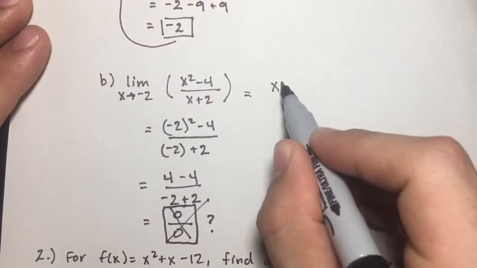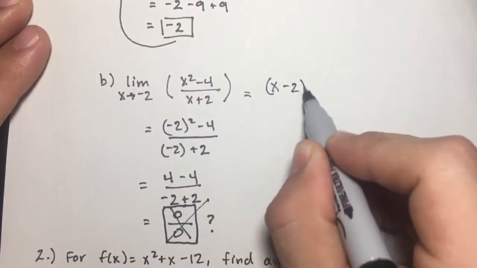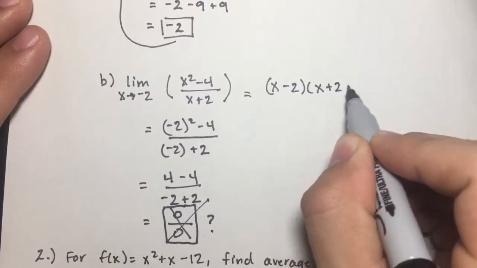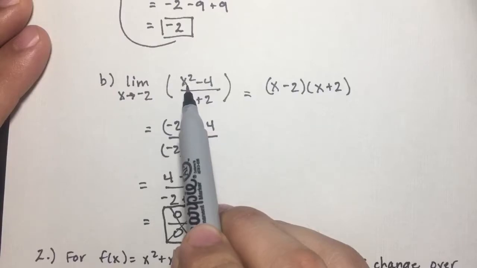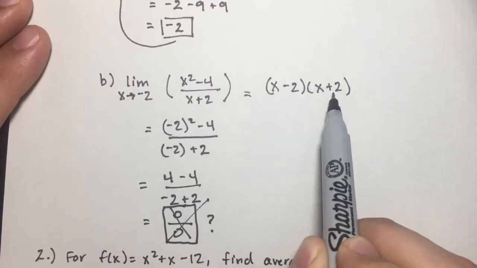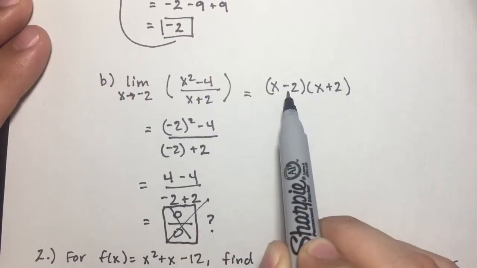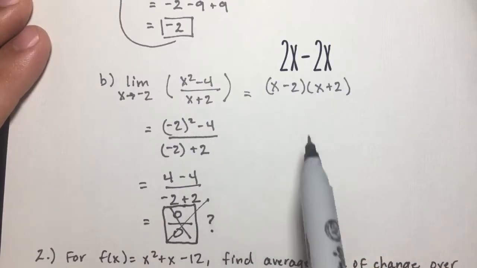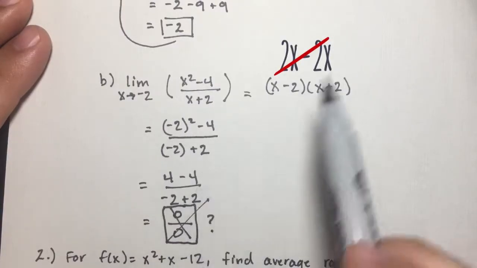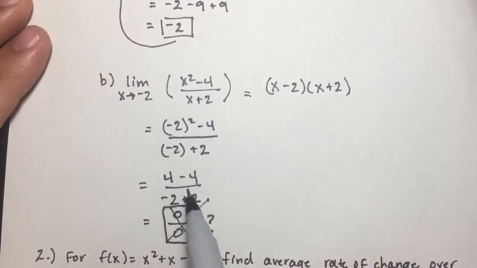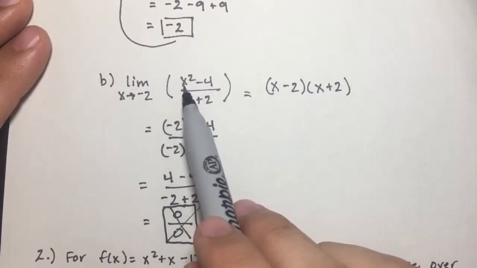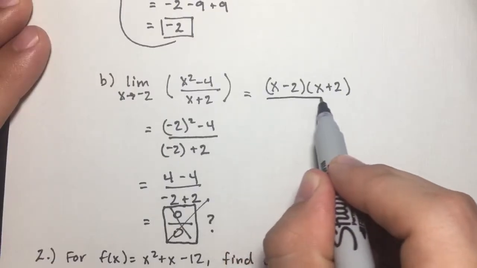And that would be x minus 2 and x plus 2. Because x times x is x squared. X times +2 is 2x. -2 times x is -2x. So those two will cancel each other out. And you're left with -2 times 2, which is -4. So this is the correct factor of that.